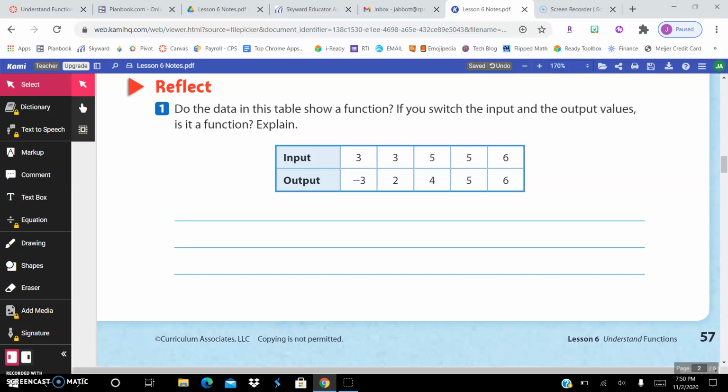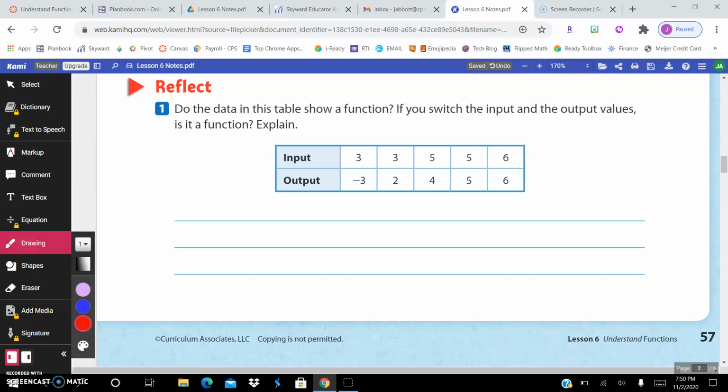So this question, the reflection question, do the data in the table show a function? So that's the first question. So input and output. Inputs, do we have any repeats? Yes, we do. We have 3s and we have 5. So is this a function? No. And our reasoning is 3 and 5 repeat in the x values.